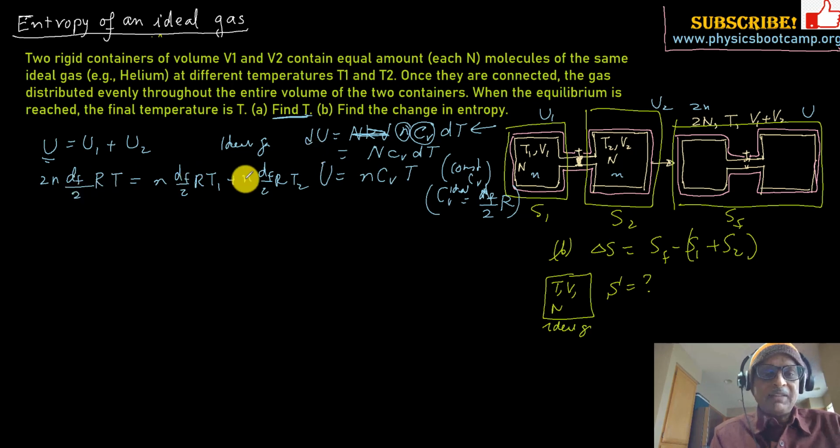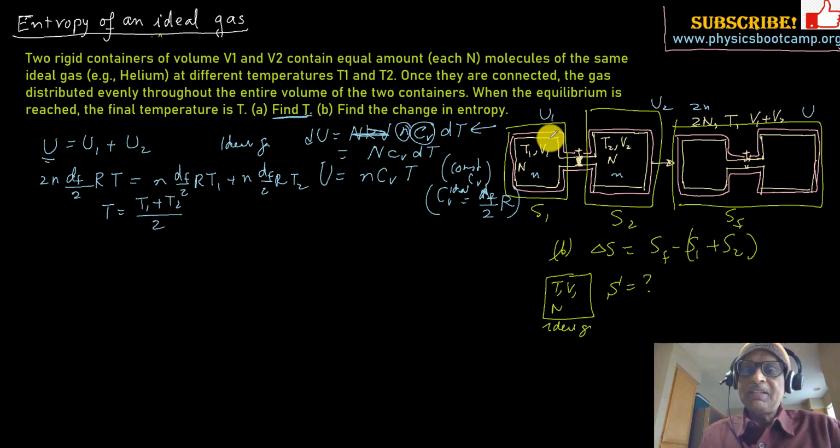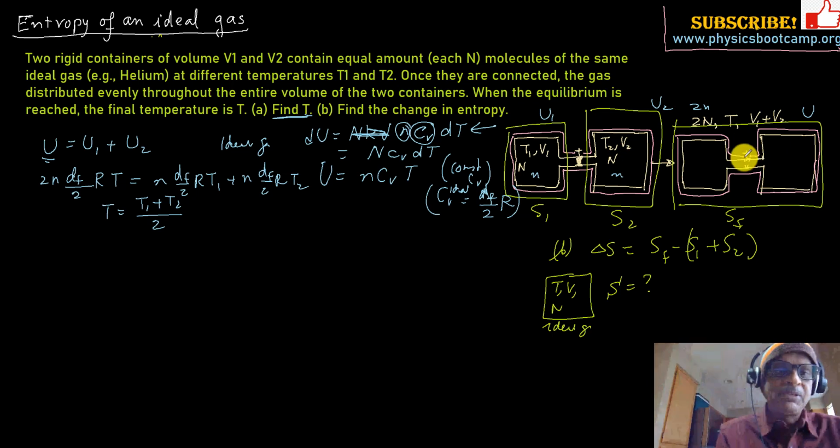You can see all of this cancels out, and T is simply equal to T1 plus T2 over 2. Now if these guys have different numbers of moles, this will still work, and it will be weighted by the fraction of how many moles came from here and how many came from there when they became together. So this is A.